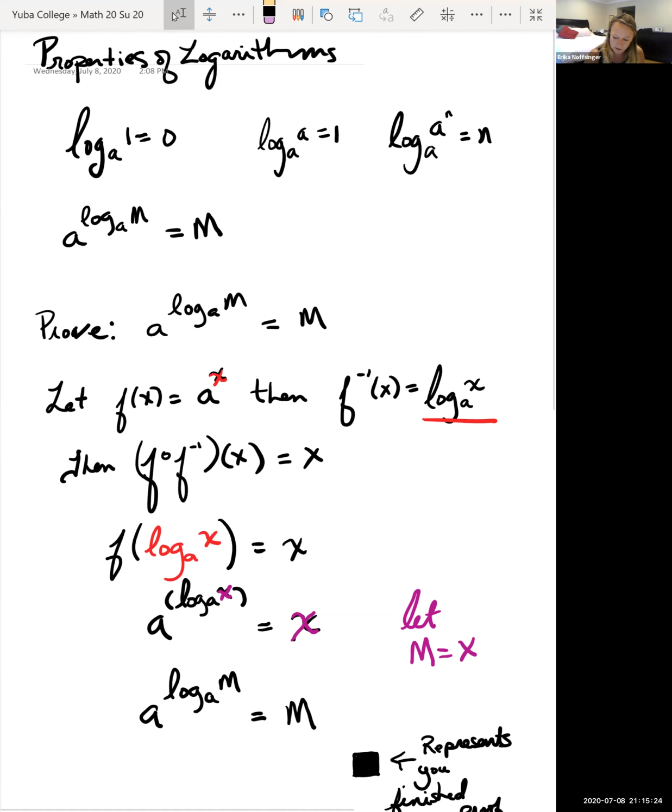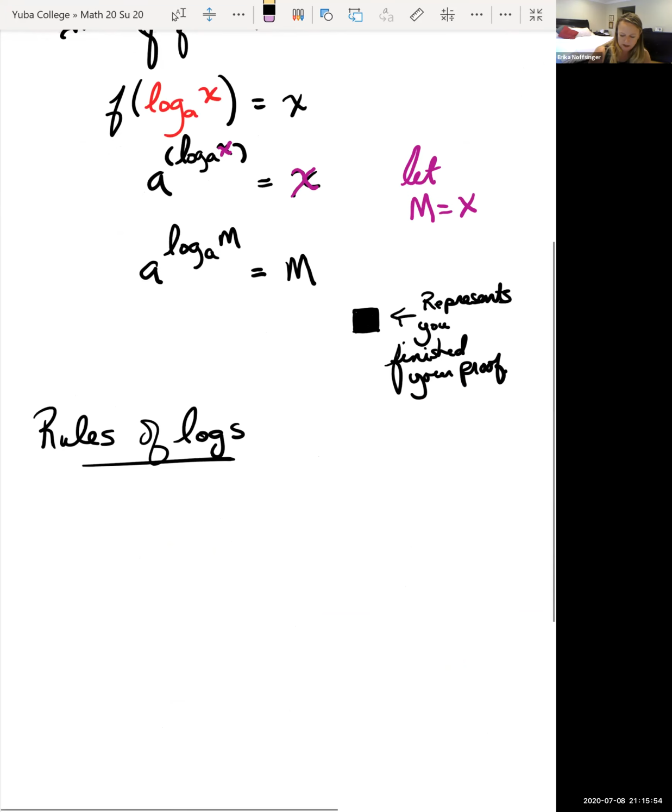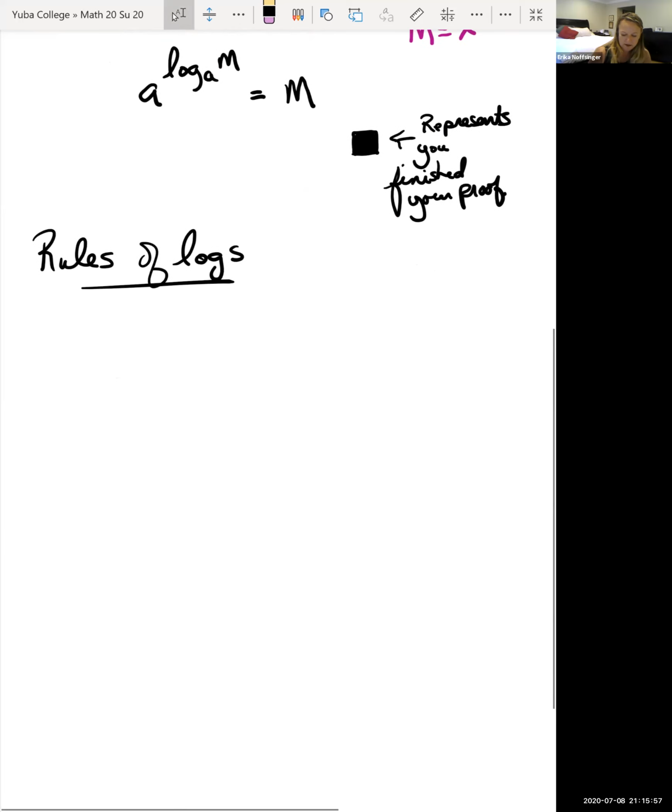This one we can prove here by, again, using the exponential and its inverse, but taking it in the opposite direction. So you would use f inverse of f of x. I'm not going to go through that proof. Rules of logs.